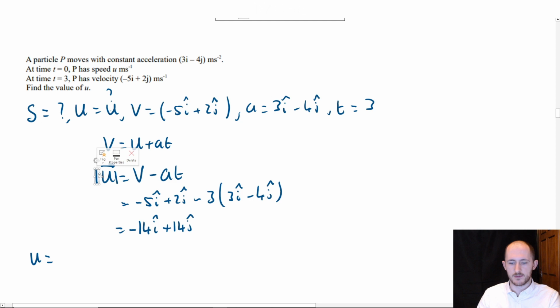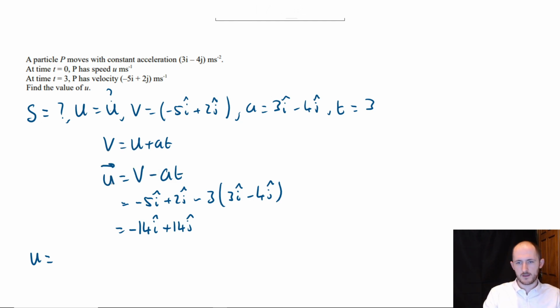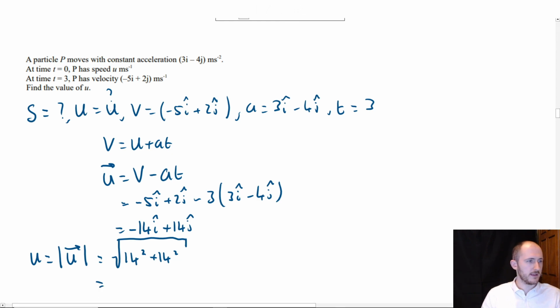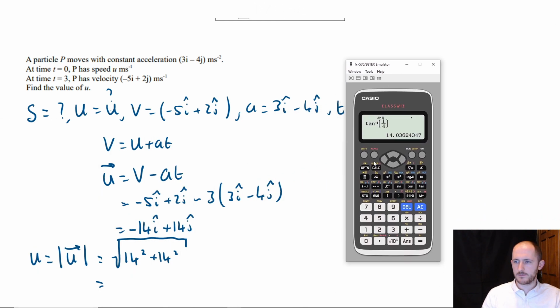Actually, this whole thing here is not the magnitude, it's the vector. So we're just going to do square root 14 squared plus 14 squared, and that will be our final answer, which is 19.79898989.